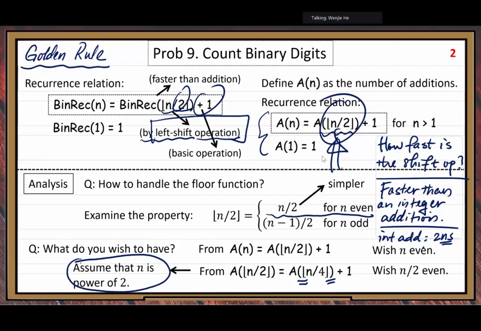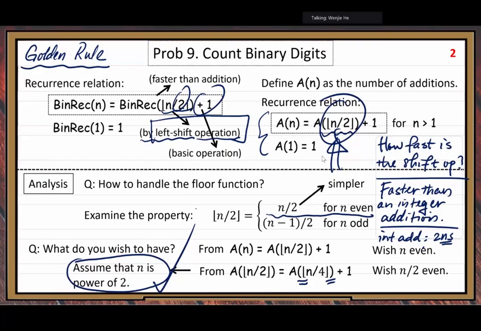Then all floor function applications would have no change, so we don't need them. We can remove all the floor functions under this big assumption. This is a big assumption, right?